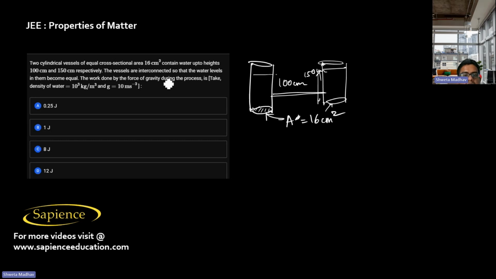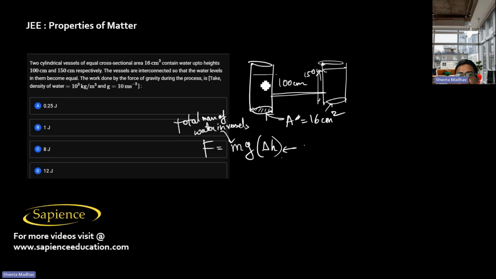The work done by the force of gravity during the process is, work done by the force of gravity, that will be equal to the total mass of the water in the two vessels, M, into g into delta H, where delta H is the change in the height of the center of mass of the system from the ground level.